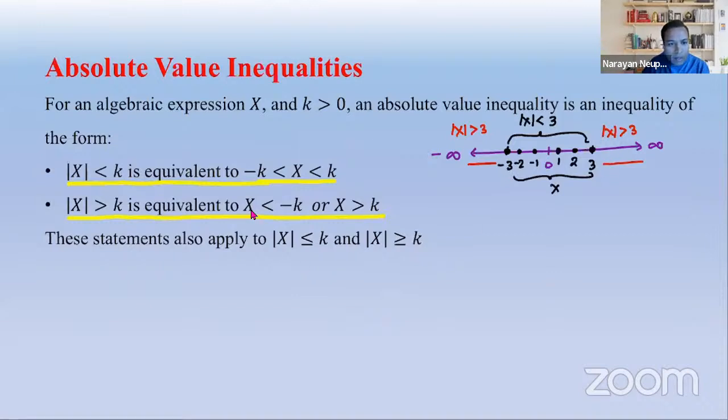That's why what I've written here is, this is true when x is less than -k. This is -3, so values over here are less than that. And on the other side, you can see x greater than k, the values are greater than 3. Please write these two statements. They are very, very important statements for you.